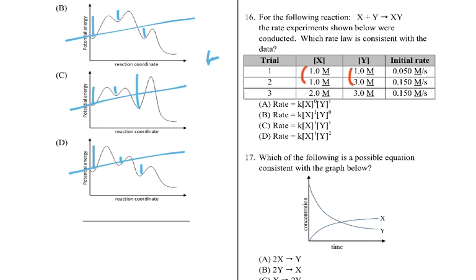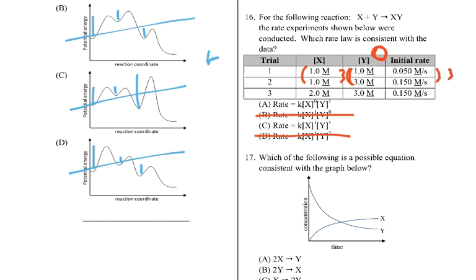So this is going to help us with the exponent for Y. If the concentration is tripled, we can see that the rate is 3 times as well. So we know that the order for Y must be 1. 3 and 3 must be 1. So this is not the right answer, and that's not the right answer.